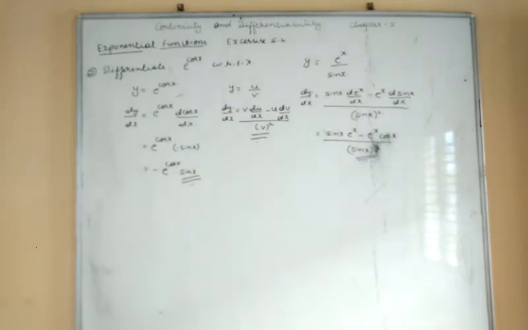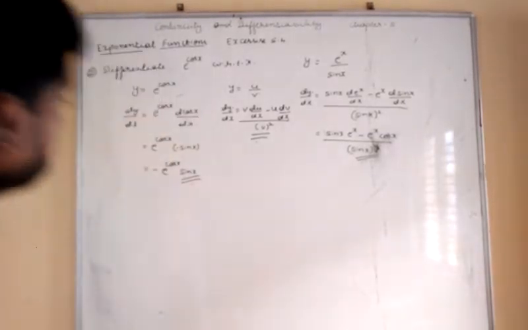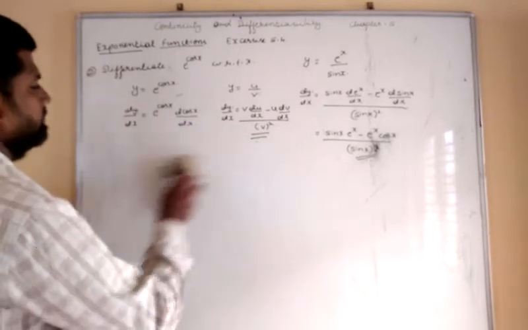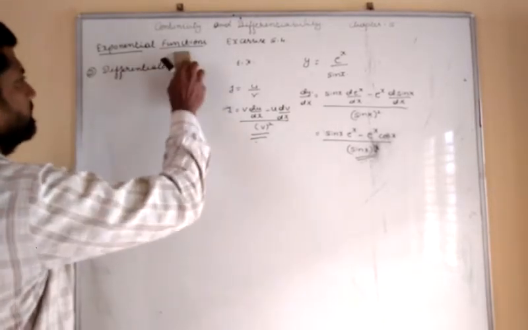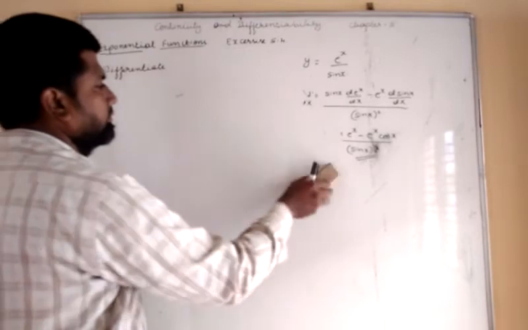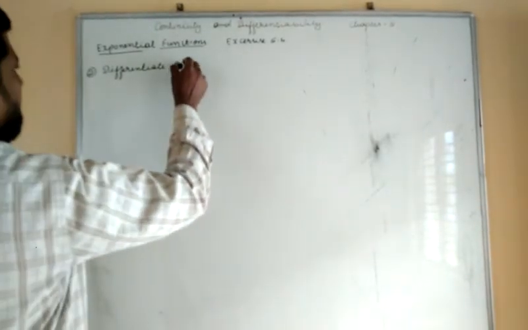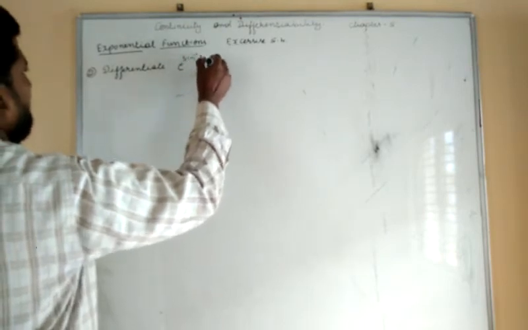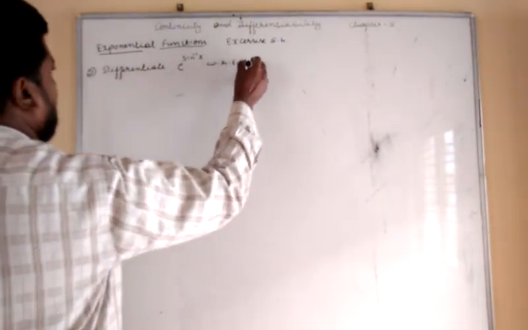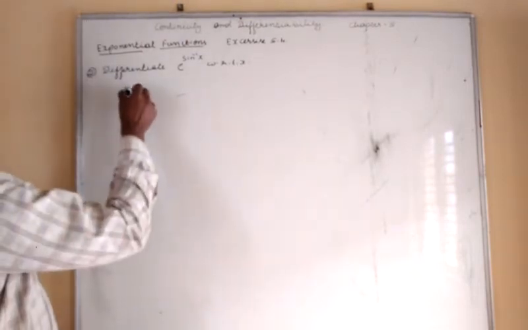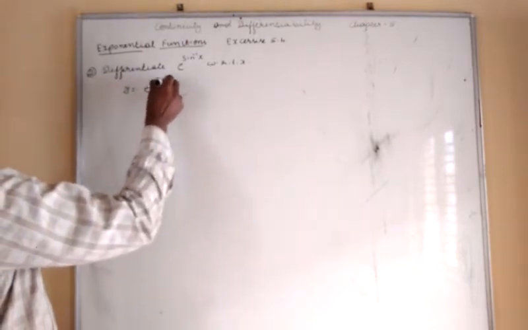Take down the next problem. So the next problem is e to the power of sin inverse x with respect to x. y is equal to e to the power of sin inverse x.